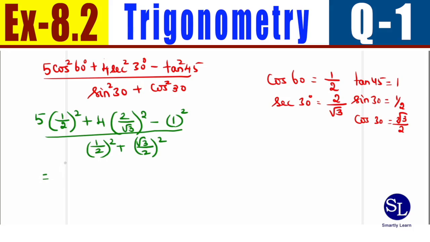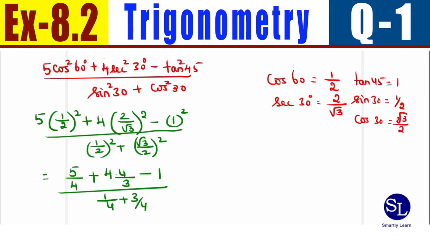Now, there are two ways to look at it. Usually sin square theta plus cos square theta is 1. If you don't remember the identity, we can simply substitute. The numerator is 5 into 1/4, so 5/4, plus 4 into 4/3, minus 1. The denominator is 1/4 plus 3/4, which is equal to 1.